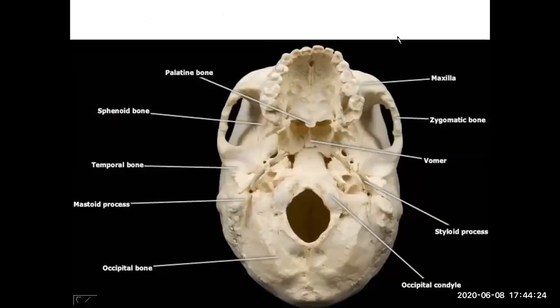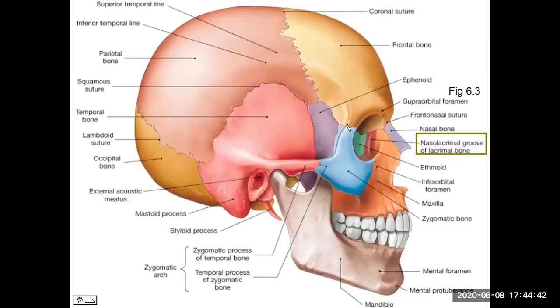Back to the bony orbit region, we can see the majority of the palatine bone seen right here in the area of the hard palate. So the majority of the palatine bones is located there. And a small portion, of course, is located in the bony orbit.